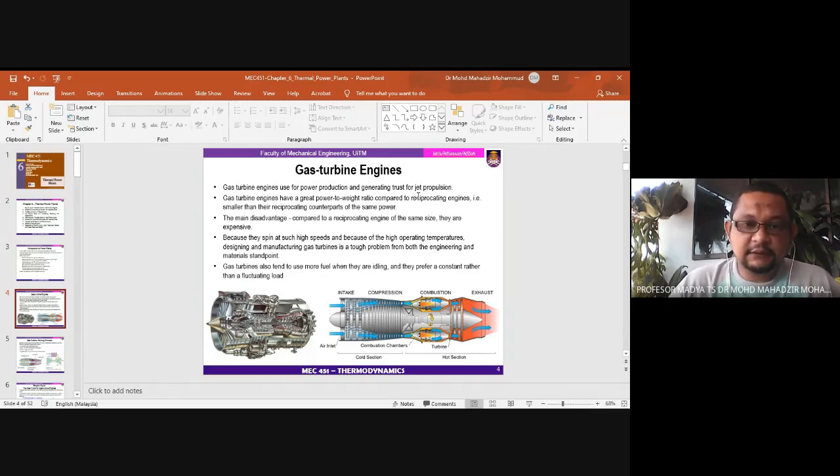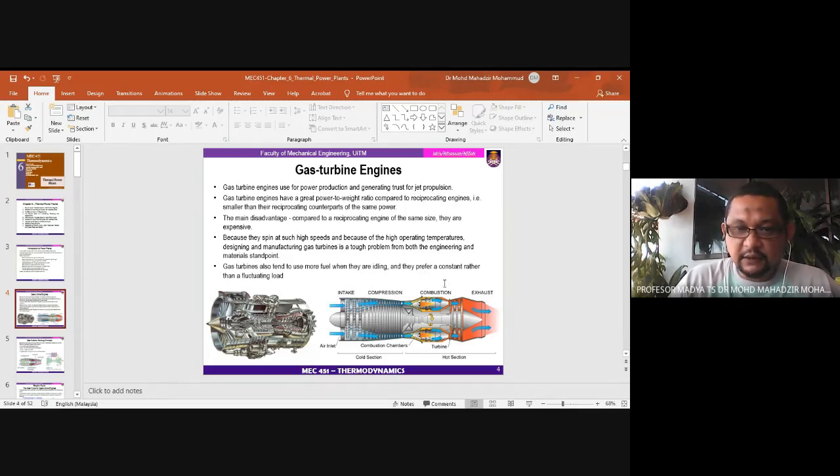Because of the high speed and high operating temperature. Designing and manufacturing a gas turbine, from the engineering and material standpoint, is much more expensive because it requires a high operating temperature. It also tends to use more fuel when idling, so it prefers a constant rate rather than a varying rotation load.